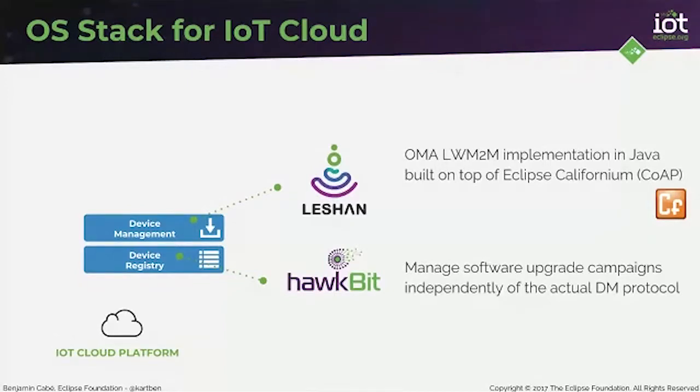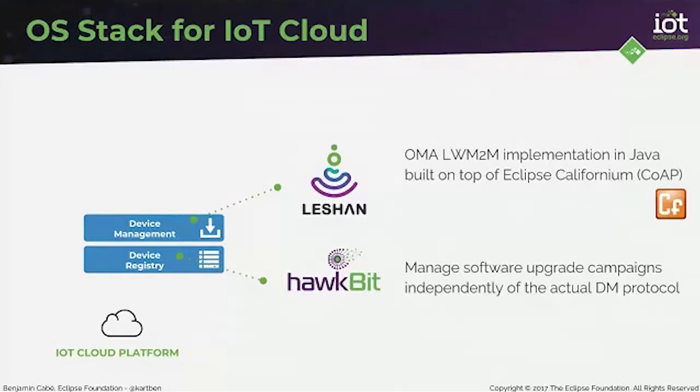And if something goes bad, you go in the field and you reboot the device and whatnot. If you have a more complex fleet that you need to manage, things like hawkBit or Leshan are very likely going to help you. And it's no surprise that companies like Bosch, Samsung, Sierra Wireless, Eurotech, Red Hat, and many others use those technologies.